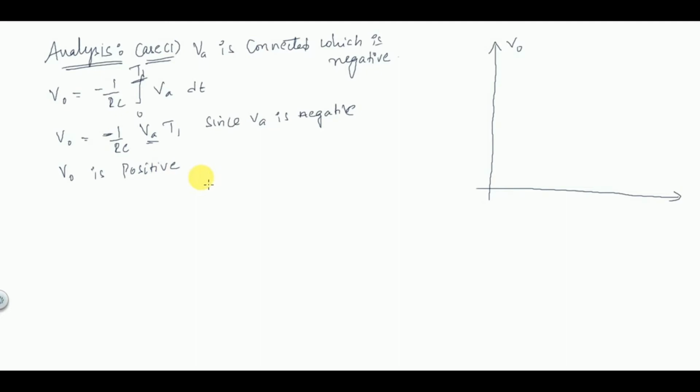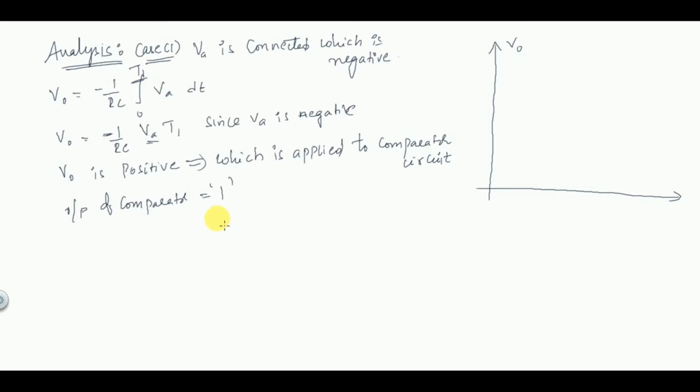Yes or no? V0 is positive, and it is applied to the comparator circuit. So the output of the comparator is equal to 1.